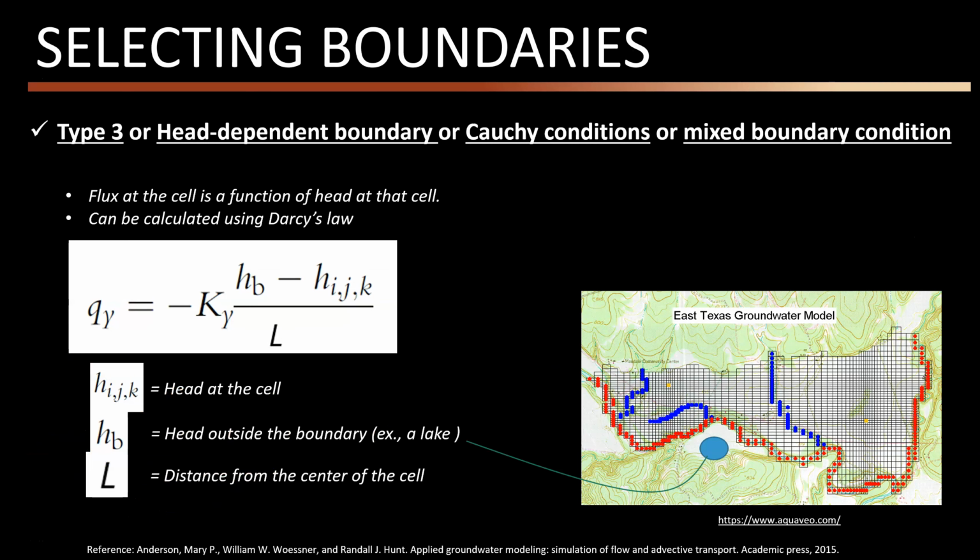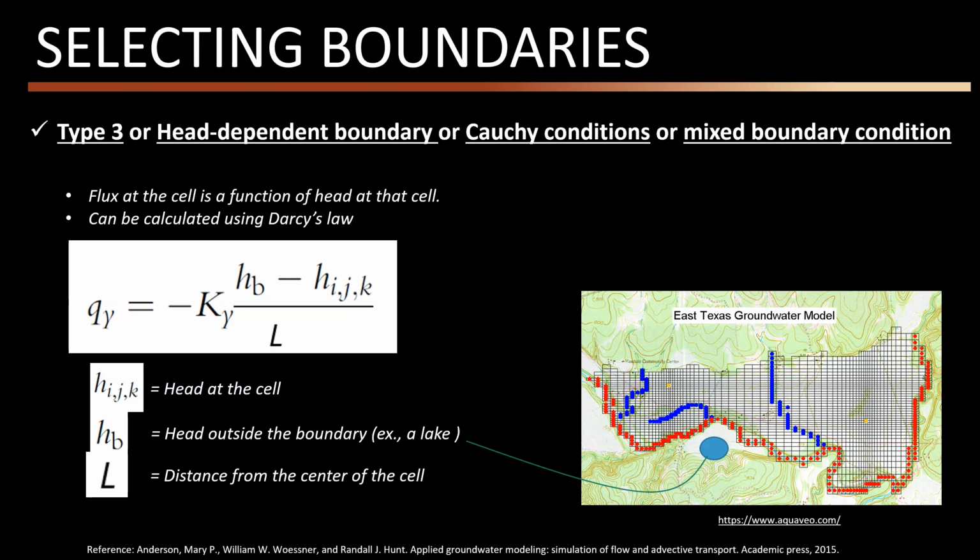The last boundary condition is type 3, or head-dependent boundary, or Cauchy condition, or mixed boundary condition. So it has multiple names. And as you can guess, it is a combination of type 1 and type 2 boundary conditions.